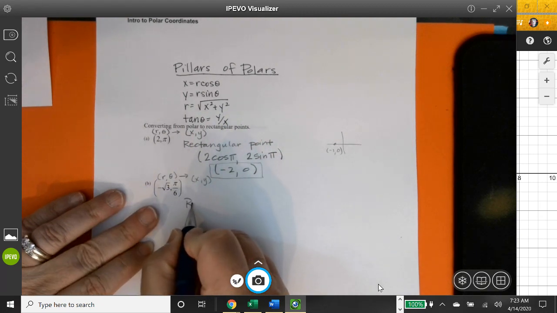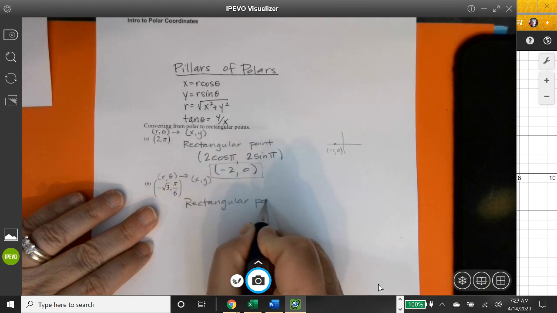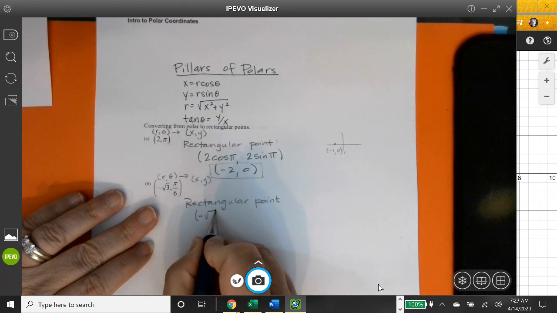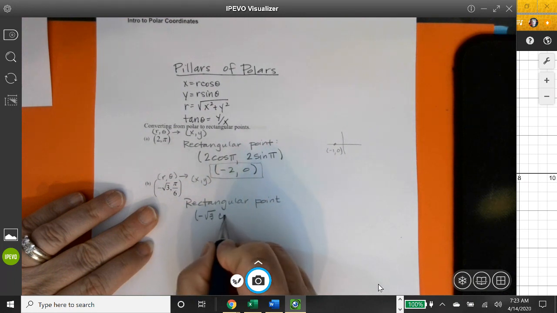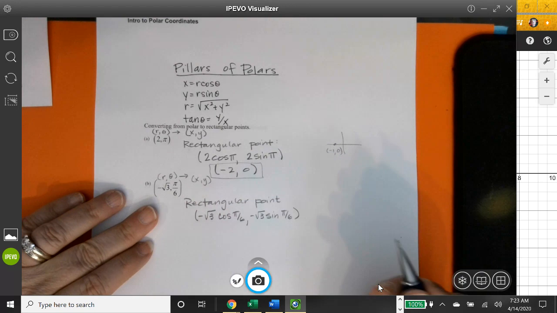So the rectangular point is going to be negative root 3 times the cosine of pi over 6, negative root 3 times the sine of pi over 6.